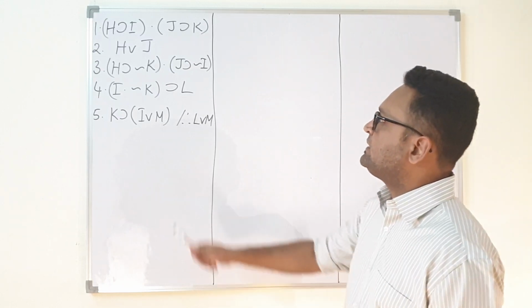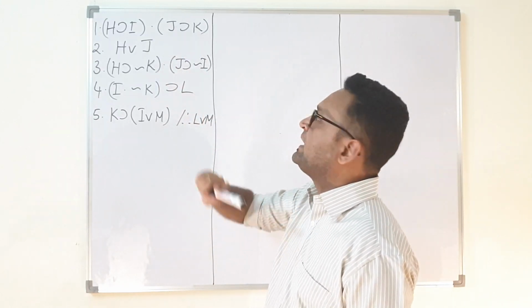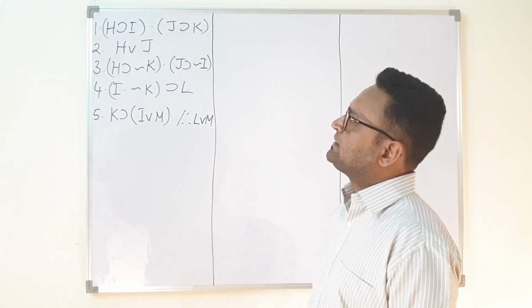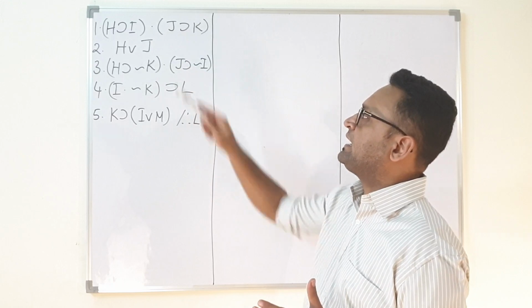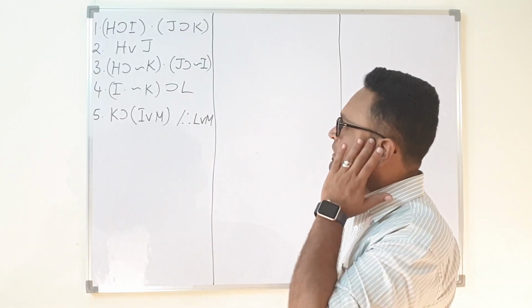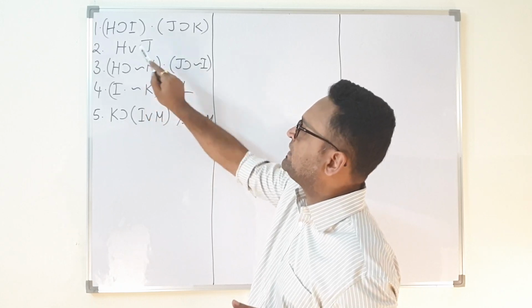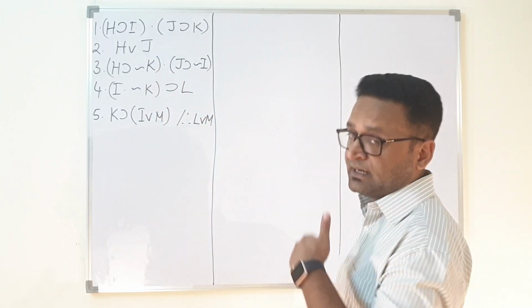Now, if you see the first and second line, as well as the third and second line, you can see that it is basically an understanding of constructive dilemma. You can apply constructive dilemma on first and second, and you can also apply it on third and second.